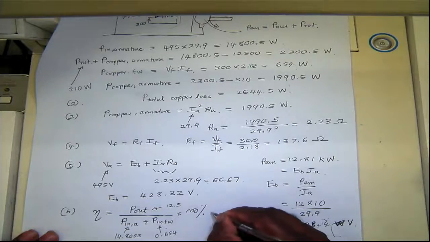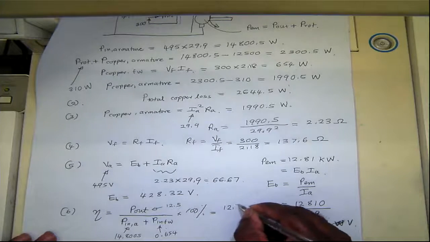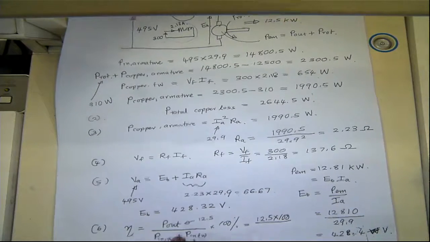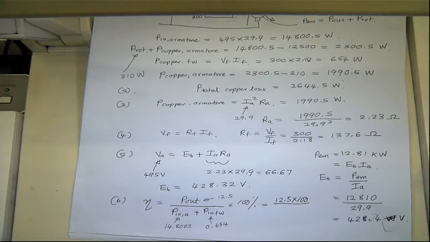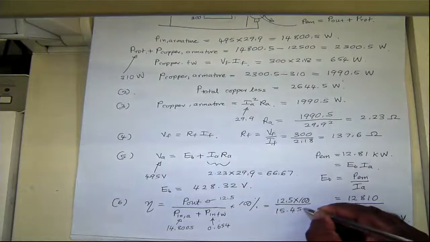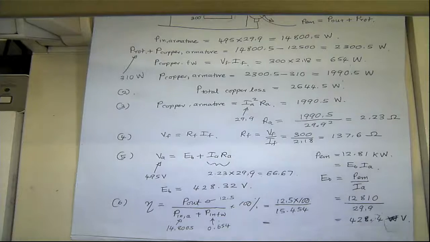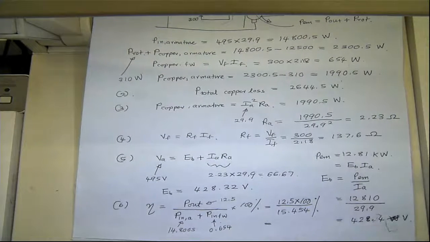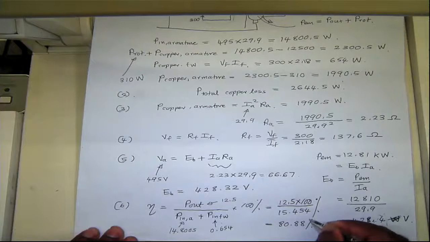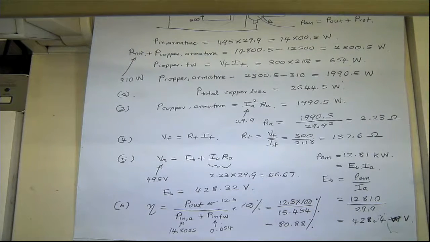So everything's in kilowatt. As a percentage, we will have 12.5 divided by 15.454, which is 80.88% efficiency.